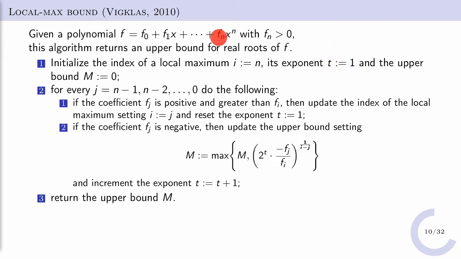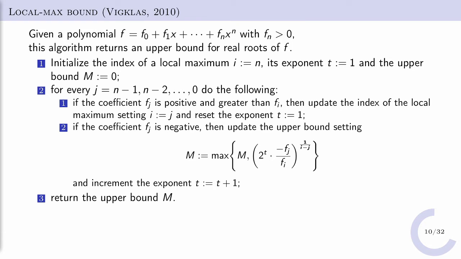And we scan this polynomial coefficient by coefficient, and depending on whether a coefficient is positive or negative, we have two possibilities. So we have a loop over all the coefficients, and we take the jth coefficient, fj, and as I said, there are two possibilities. Either this fj is positive or it's negative. If it is negative, we update the bound for the roots. So in fact, we write another term of our balanced form.